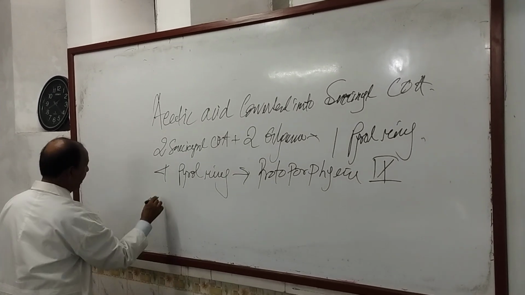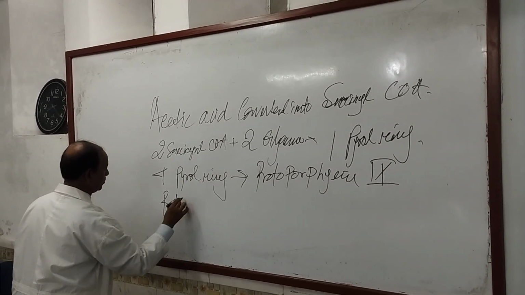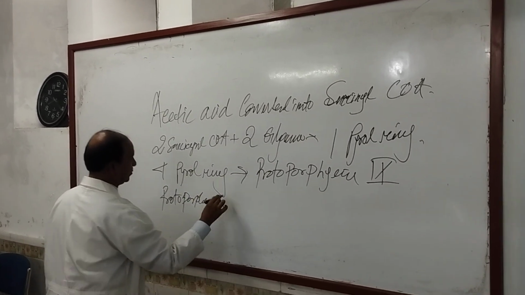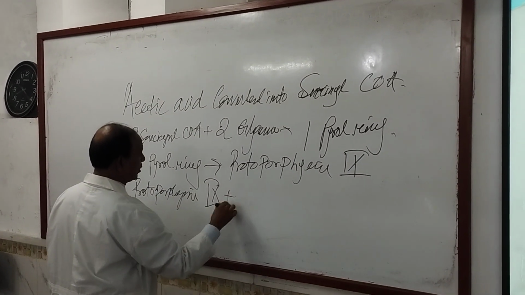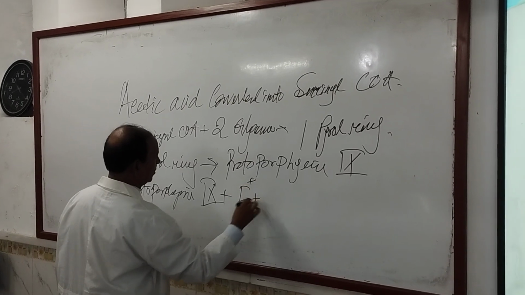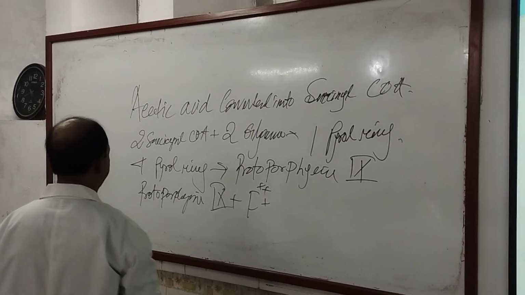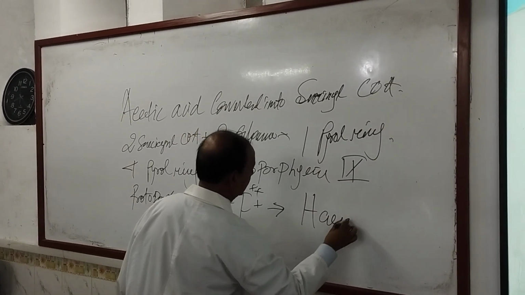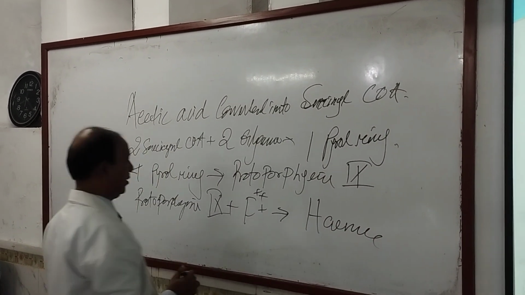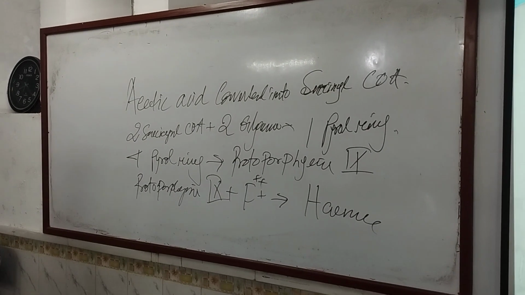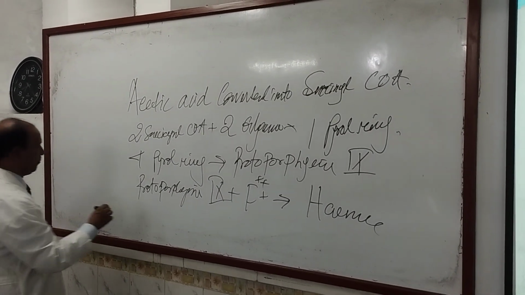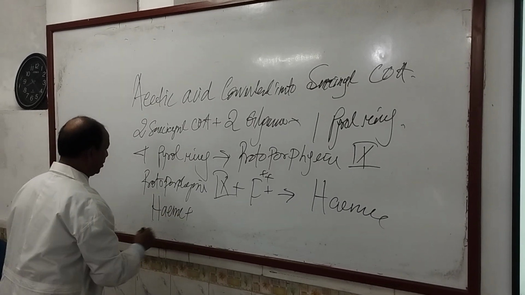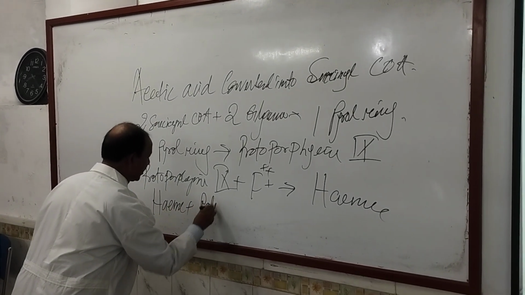This protoporphyrin 9 binds with ferrous iron, then produces heme. Remember this one. Then heme binds with polypeptide chain.